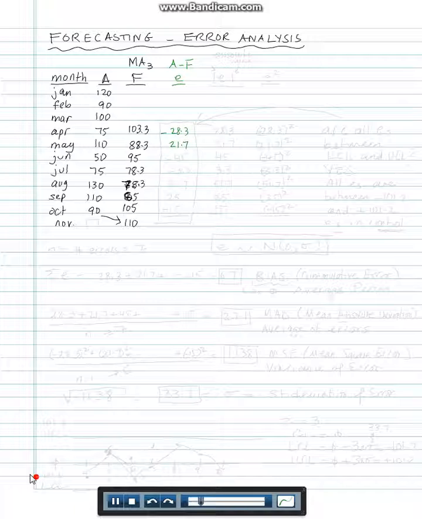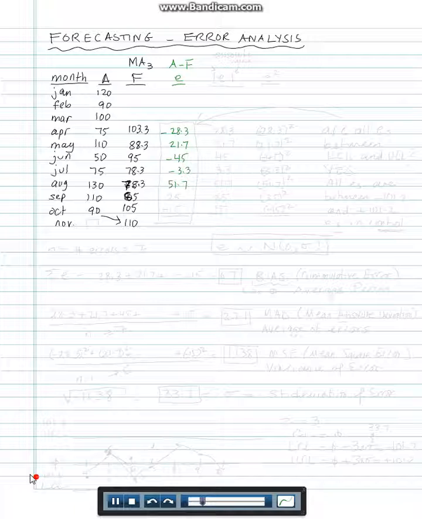For June, 50 minus 95, that's negative 45. July, 75 minus 78.3 is negative 3.3. For August, 130 minus 78.3 is 51.7.